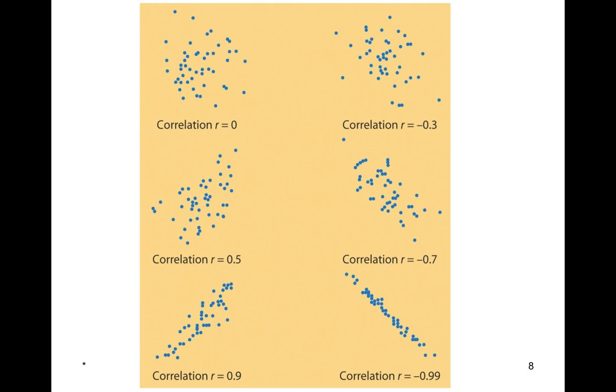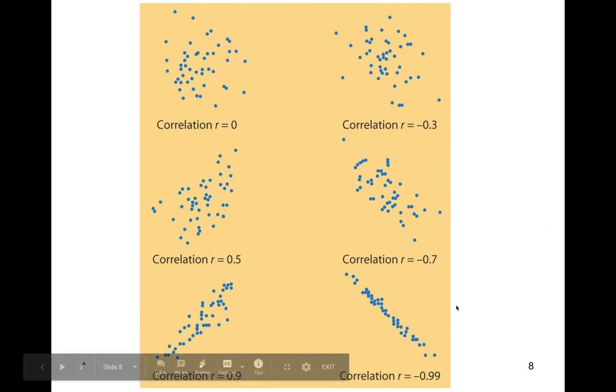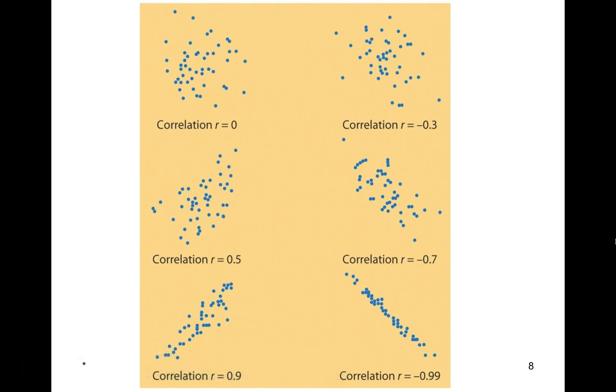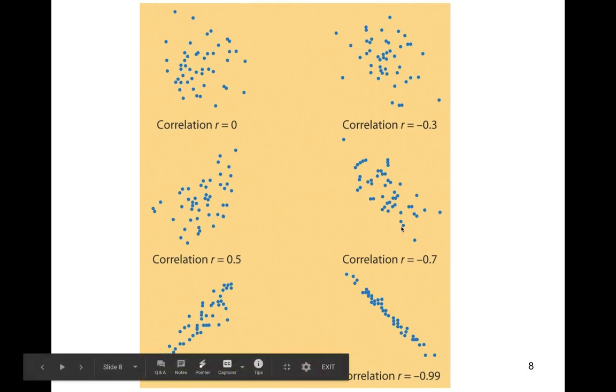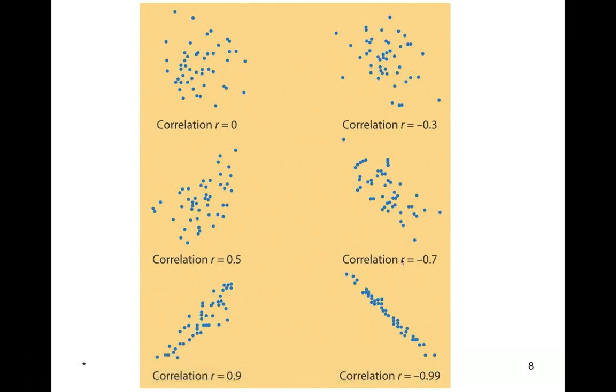And notice the one in the bottom right here. Notice the dots are very tightly clustered. It's negative, and notice the correlation coefficient is very close to -1. Okay, and as I move up, the dots get spread out more, and thus the correlations get closer to 0.